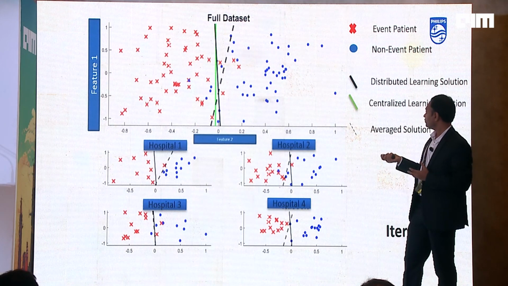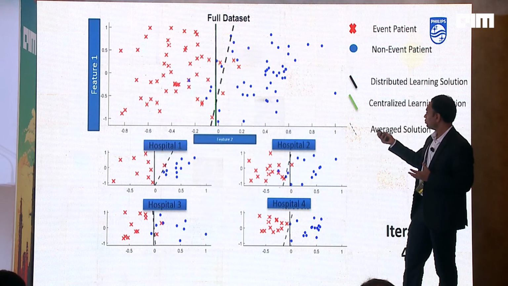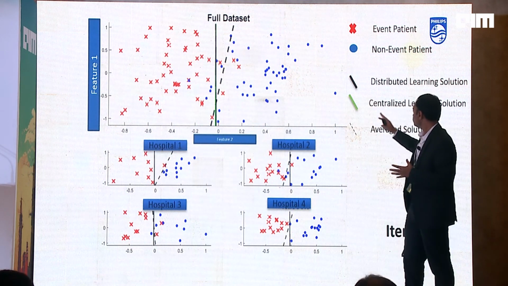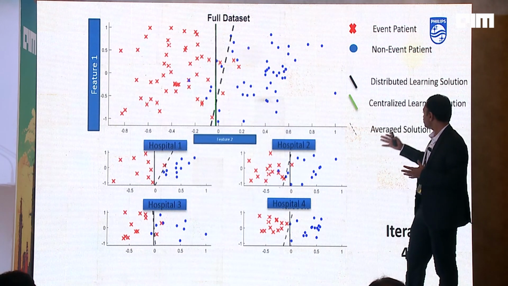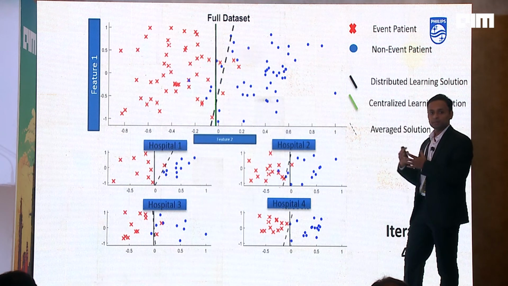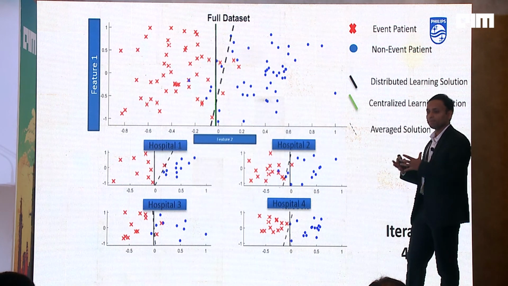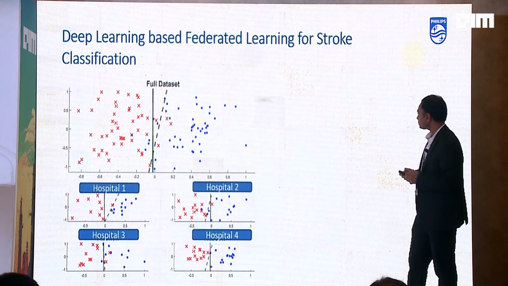This is almost at 50 iterations, then after 100 iterations, and then close to 500 iterations or so, you can see there is an overlap between the distributed learned model and the centralized learning solution, meaning that even if the data sources are dispersed, at different systems, you have an ability to combine and then build a global model out of it.